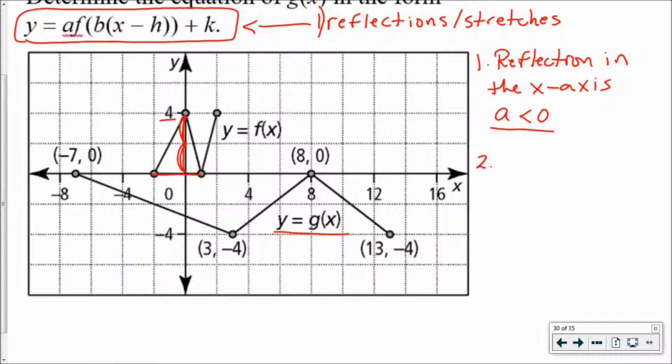And then down here, the depth between those 2 points is still 4 units. So there has not been a vertical stretch. No vertical stretch tells me that a is just -1.